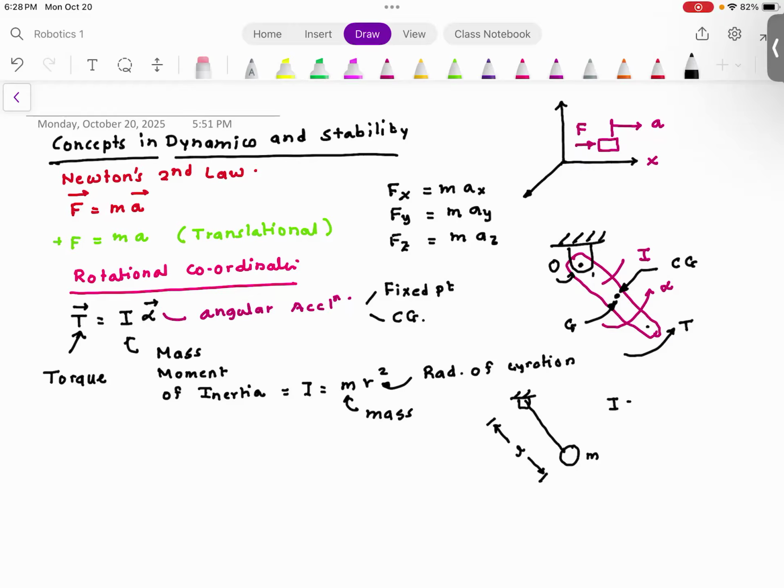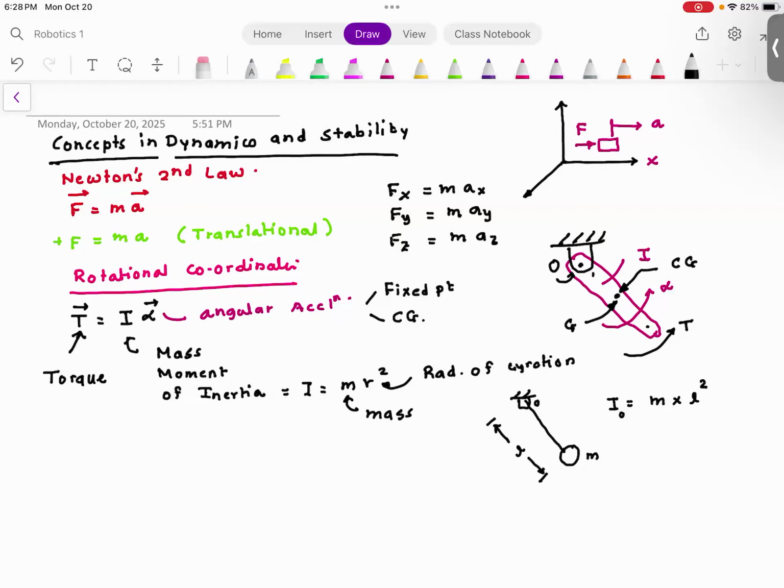So I for the pendulum, IO, is going to be mass M times the radius of gyration squared, ML squared. Now, radius of gyration is similar to the concept of how far the mass is from the point where it is rotating. Another example is if you have M significantly larger, the mass moment of inertia is large.